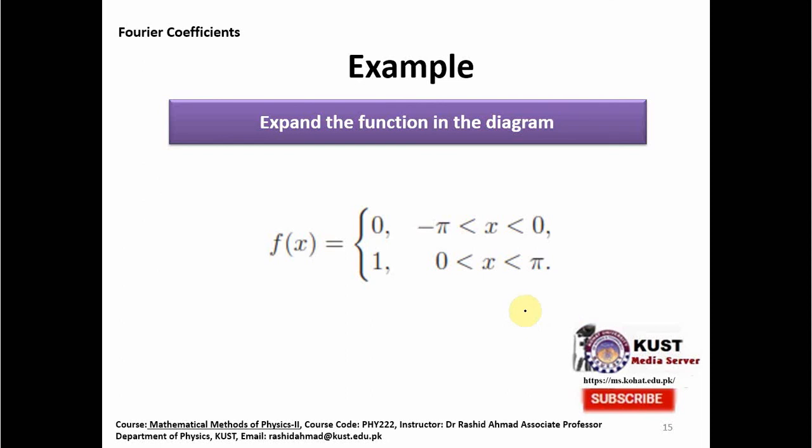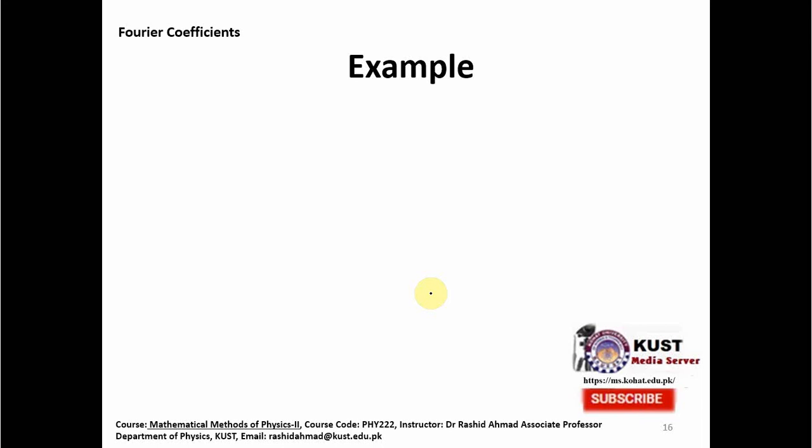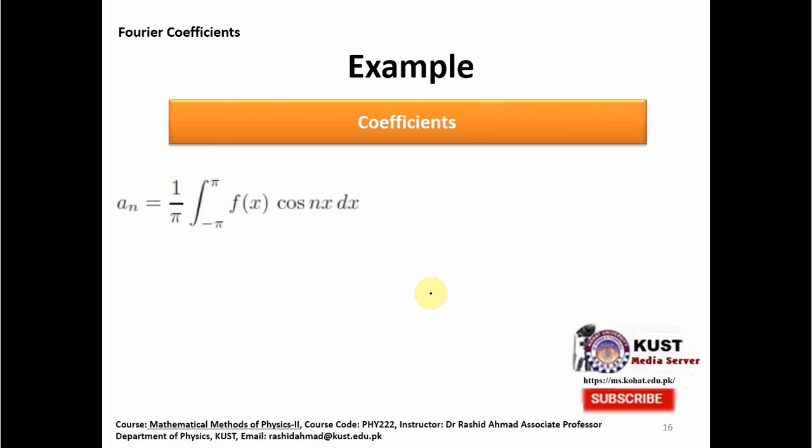So now our task, for getting the expansion, is to calculate the Fourier coefficients first. Since we know the formulas for the Fourier coefficients, and we also know the explicit form of the function, it is now just about putting in the values and getting the coefficients.